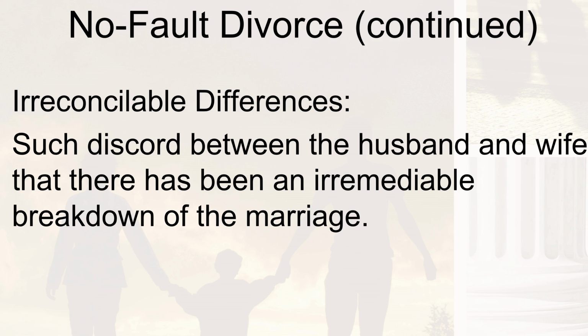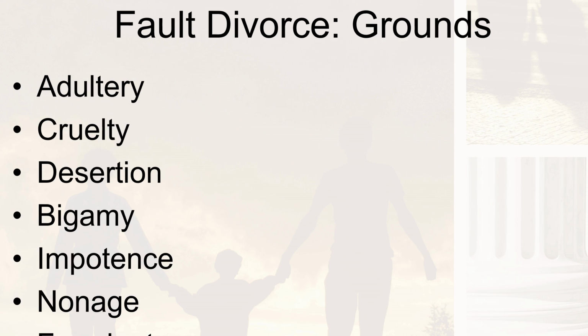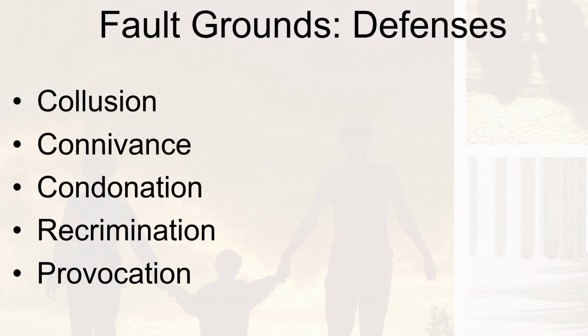Irreconcilable differences, which is the no-fault grounds in California, where there's such discord between the husband and wife that there has been an irremediable breakdown of the marriage. Again, fault grounds for divorce: adultery, cruelty, desertion or abandonment, bigamy, being married to more than one person. Impotence is also a ground for divorce, which could also be an avoidable ground for annulment, as could non-age, fraud, etc.